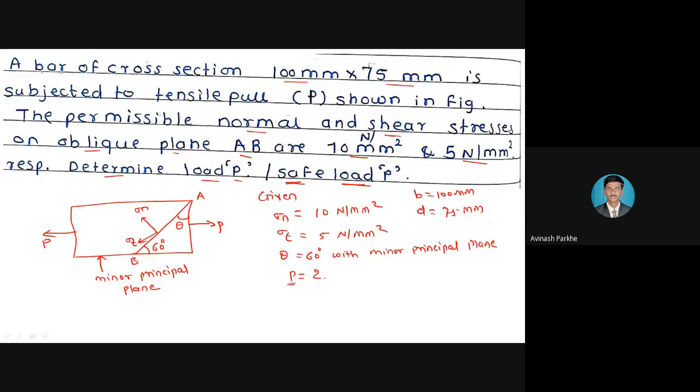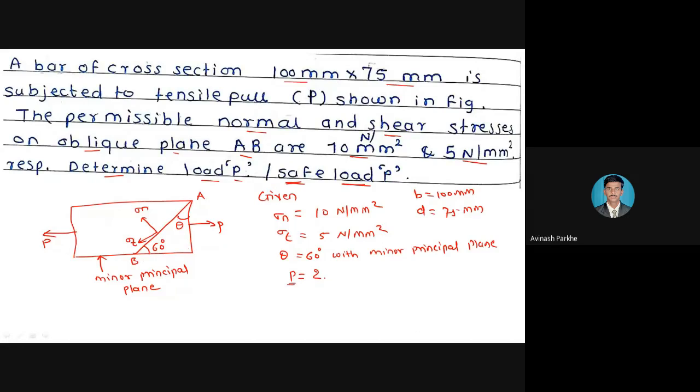Here, if you look at the figure, the 60 degree angle is given with the horizontal plane, that is, the horizontal planes at the top side and the bottom side. But what is our requirement? In the normal stress formula and the shear stress formula, whatever theta we have to take, we have to take with the vertical plane only.